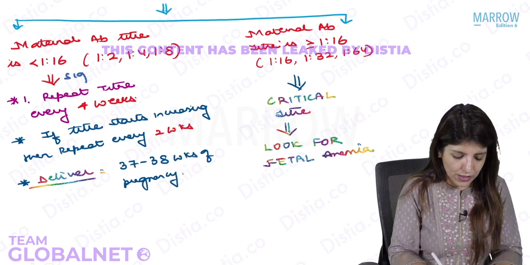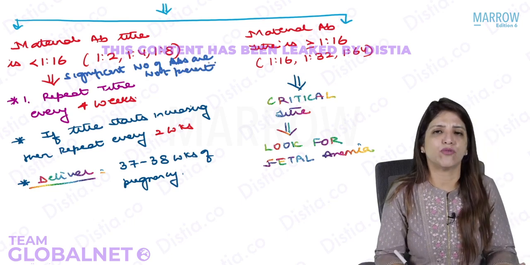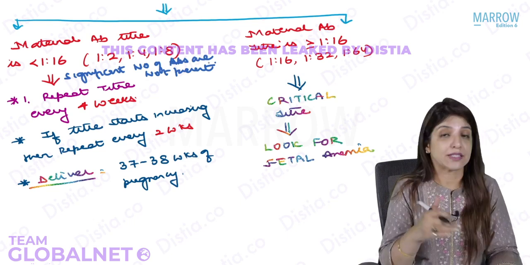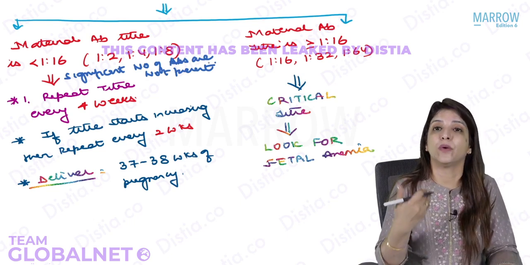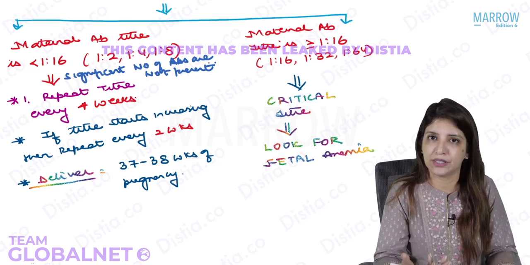So this means a significant number of antibodies are not present. And if a significant number of antibodies are not present, still I am okay. But then, yes, I have to keep repeating titers. I have to keep this baby under surveillance as well.